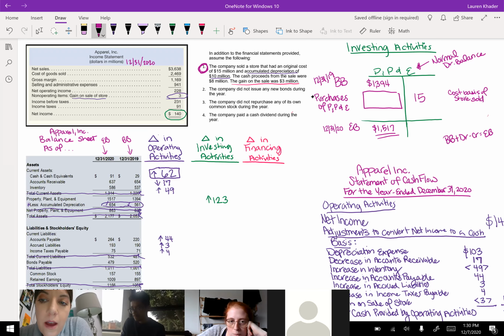And then compare that calculation to 1517 back into the purchases of property, plant, and equipment. How much is in purchases did we see? 138.